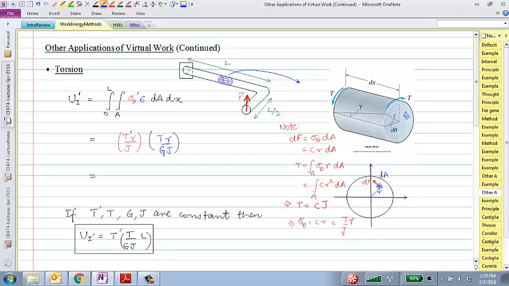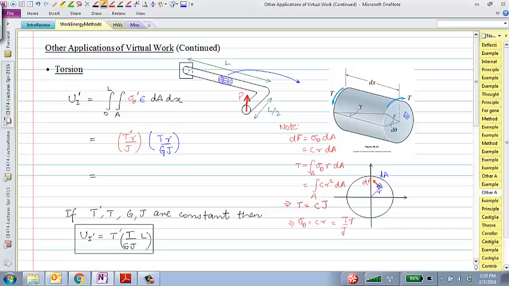Any thoughts on why I divided it by G, not by A? So when I want to calculate strain, right? What I did was I first calculated stress, and then I divided it by G. Why did I divide it by G? G means there's some shear going on, right?